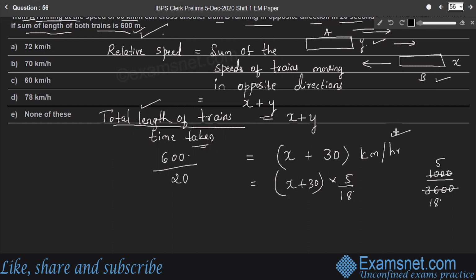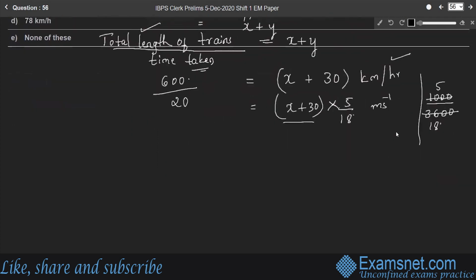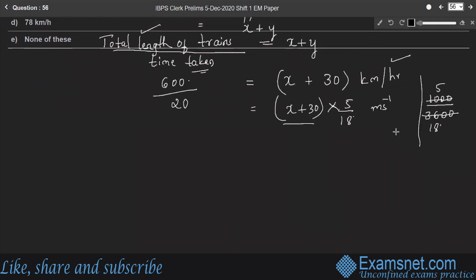Hence, you have to multiply (x plus 30) by 5 by 18, which is in meter per second. Next, 600 by 20 is 30, equal to 5(x plus 30) by 18, or you can take 5 by 18 to the LHS.